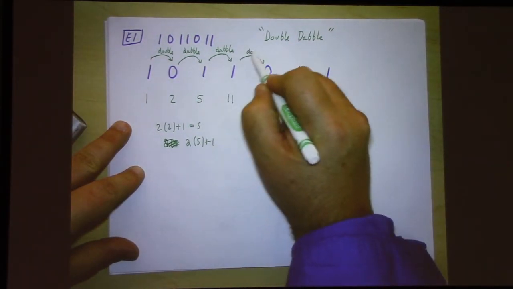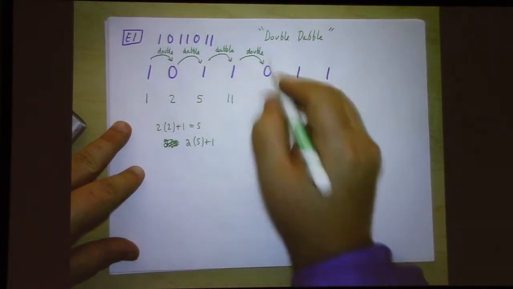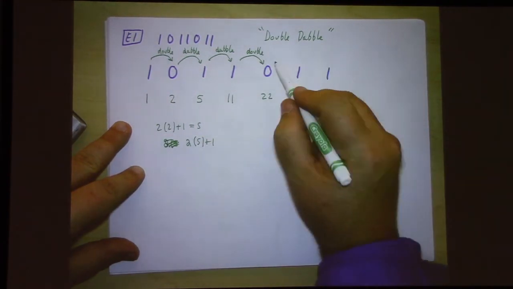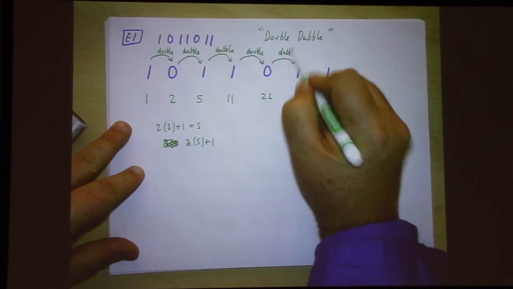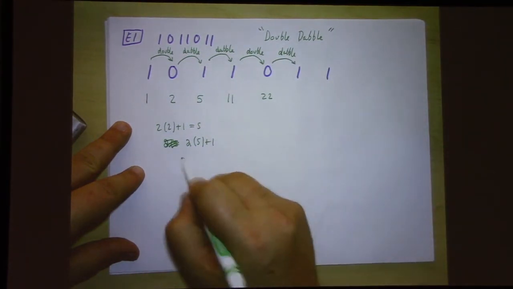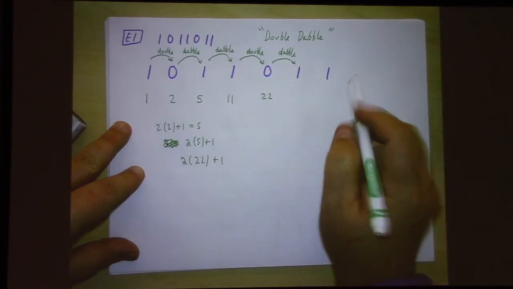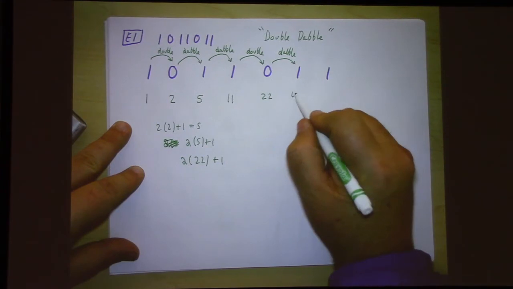So double 11, you get 22, right? And then I go to 1 again, so I dabble. 2 times 22 plus 1 is what? 44 plus 1 is 45, yeah?